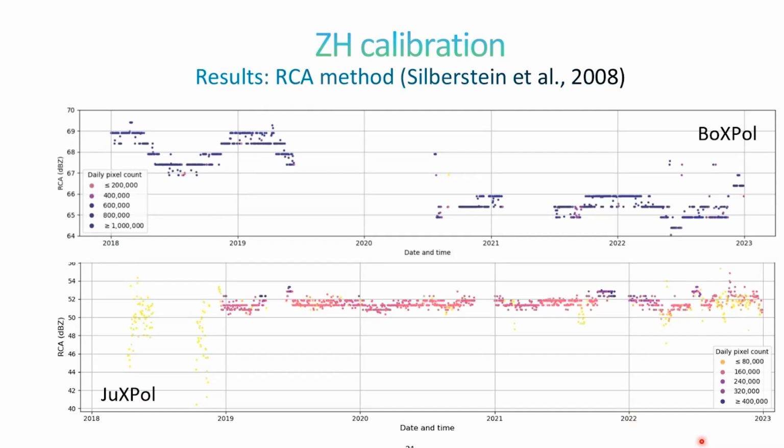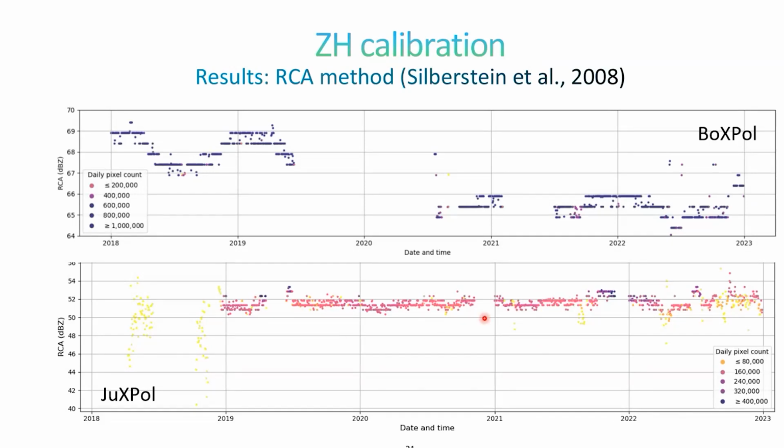So here are, again, 5 years of monitoring of the RCA method. Here, again, we have this seasonal dependency. I'm not sure why we're seeing a seasonal dependency on clutter values in the boxpole radar side. Maybe it's because we don't have a radome, but in the Joxpole, it's much more stable.